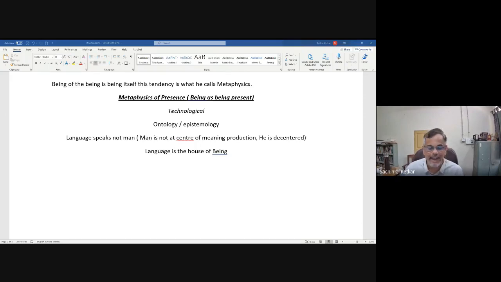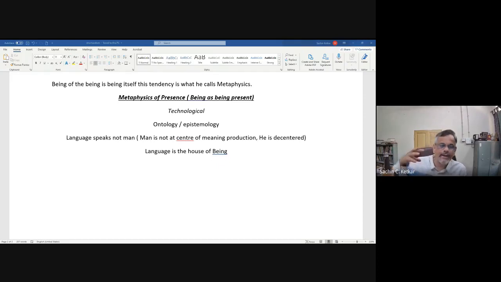Heideggerian thinking about language has become very powerful and influential, in the sense that this decentering of man, if it is applied to literature, say for example, it's not the poet who creates meaning, but it's the language which creates meaning.